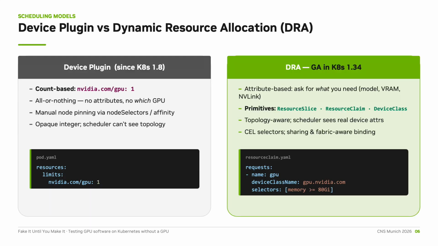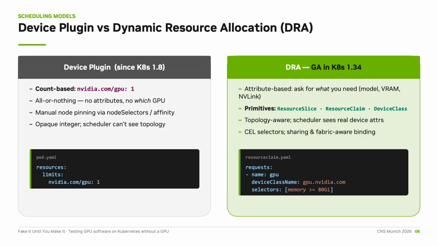For those that are not aware or are new to this, we now have DRA. So it's GA since two Kubernetes releases ago. The old way of requesting a GPU was nvidia.com/gpu. That didn't allow you to request a specific type of GPU if you had a heterogeneous cluster.